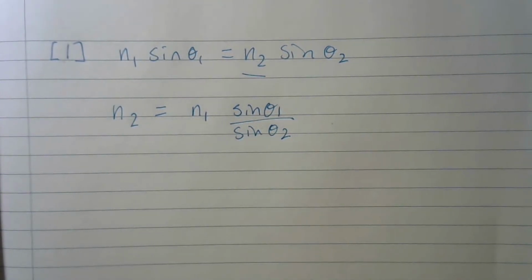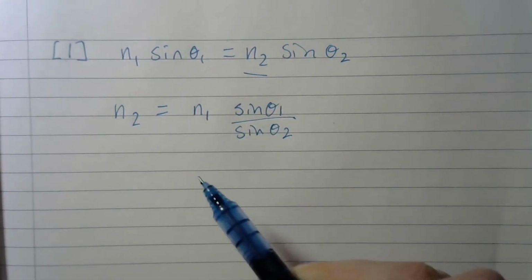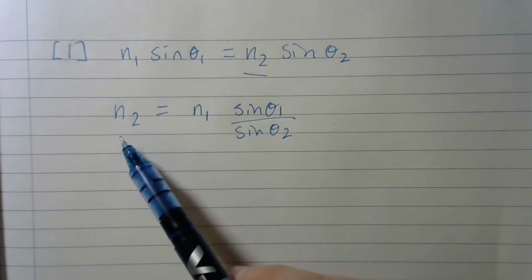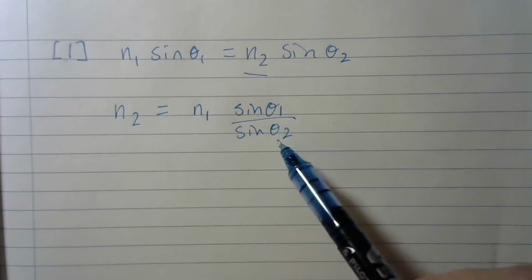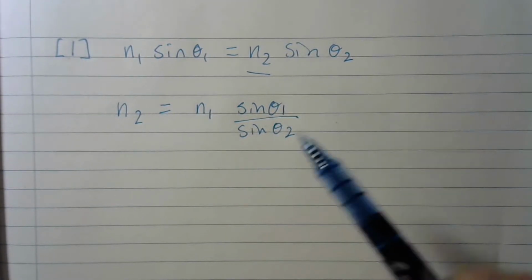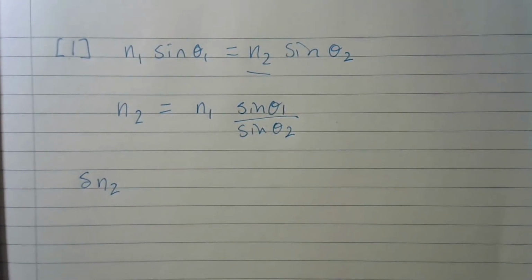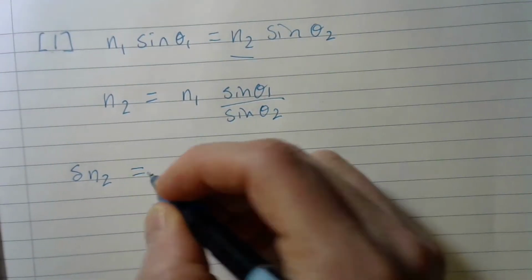And if I take the general rule for uncertainty propagation using calculus, then first of all, I see that there are 3 variables that N2 depends on. So it depends on N1, theta 1, and theta 2. So my delta N2 is going to have this form.